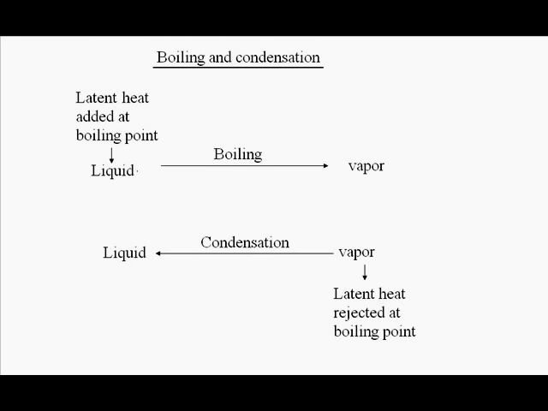For example, in case water is there at 1 bar pressure, then the boiling point of water is 100 degree centigrade. In case latent heat is supplied to water, then the water will convert to vapor form from liquid form. So this process is called as boiling.